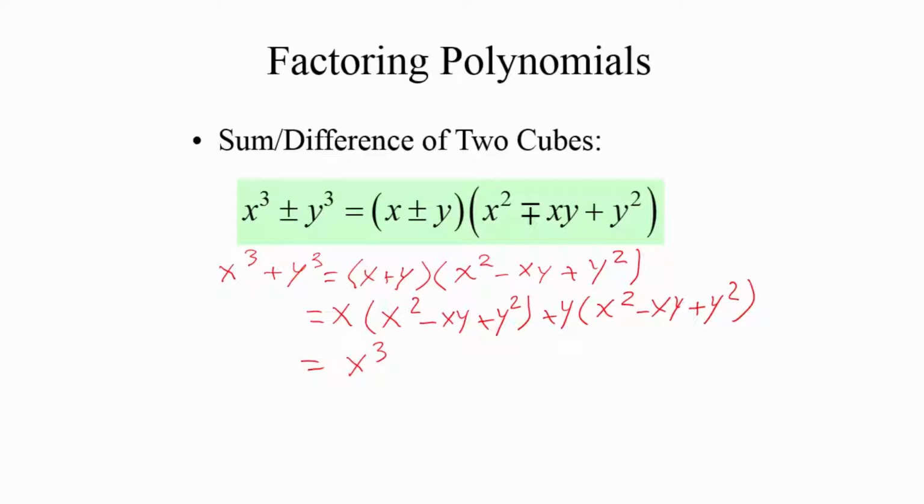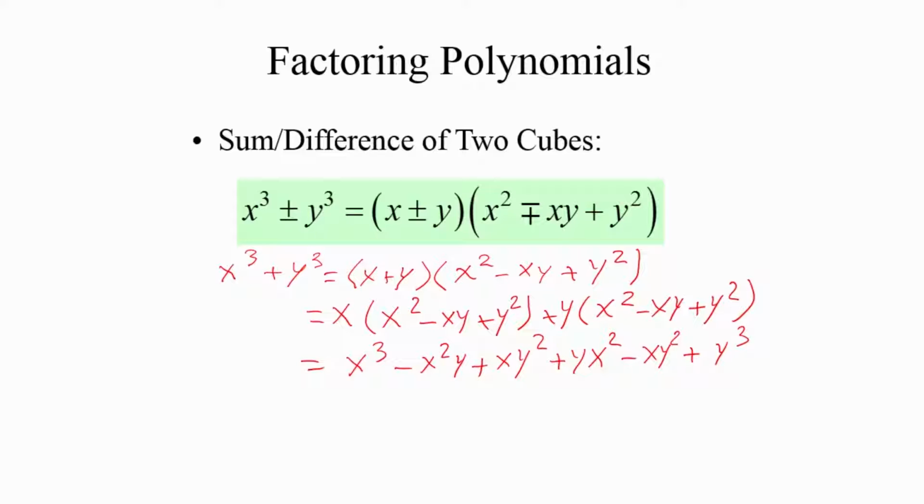X times minus xy would be minus x squared y, plus x times y squared would be xy squared, plus y times x squared is yx squared, minus y times xy is minus xy squared, plus y times y squared is y to the third. Now, you're going to see that everything between x to the third and y to the third would cancel each other. And that's how you end up with x to the third and y to the third.